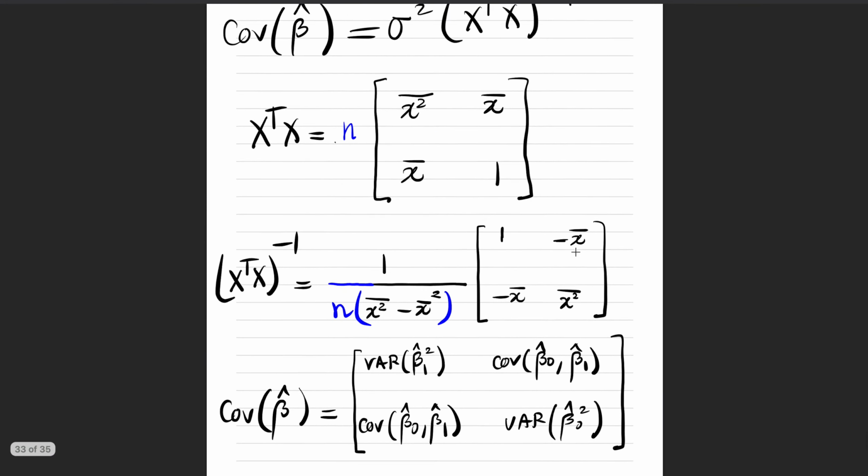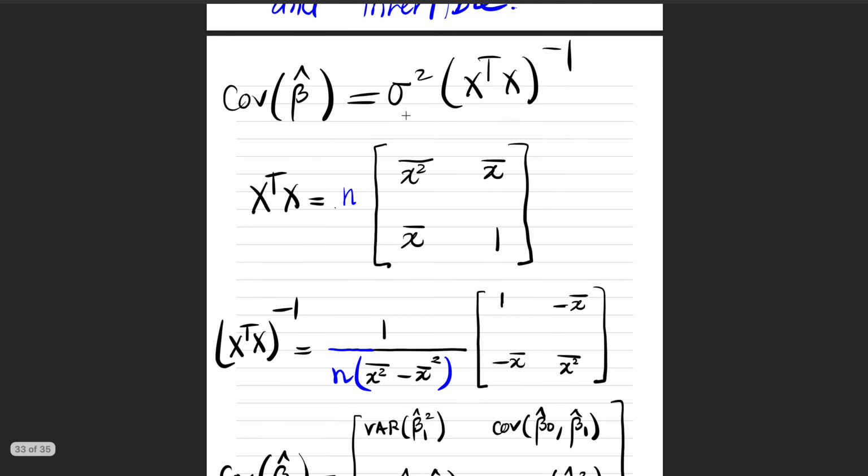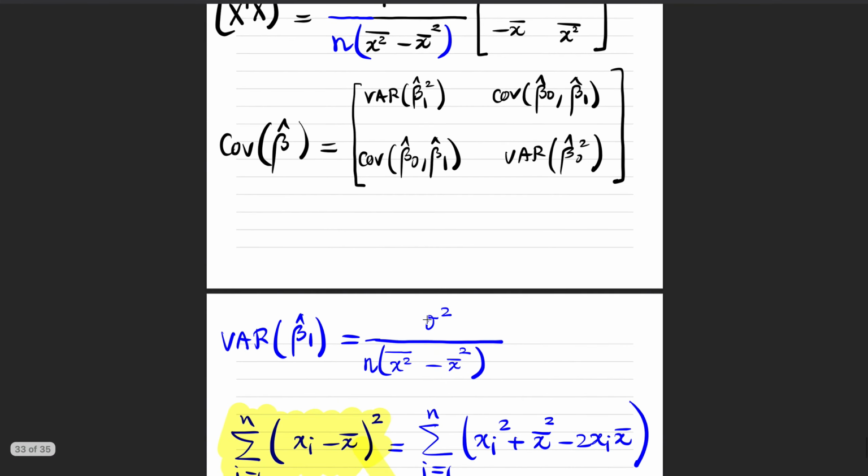So essentially, the variance of the slope is just 1 over n times x2 bar minus x bar squared times sigma squared, which is this one, right?